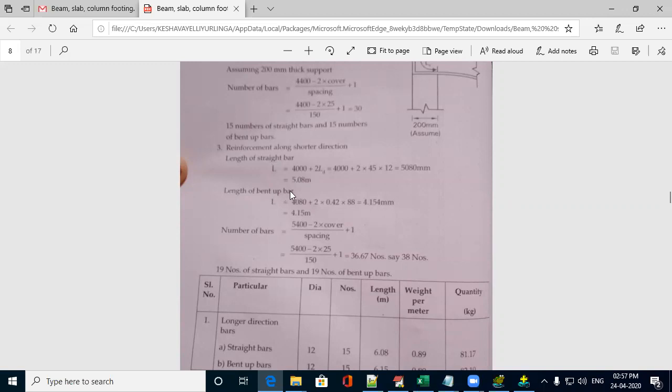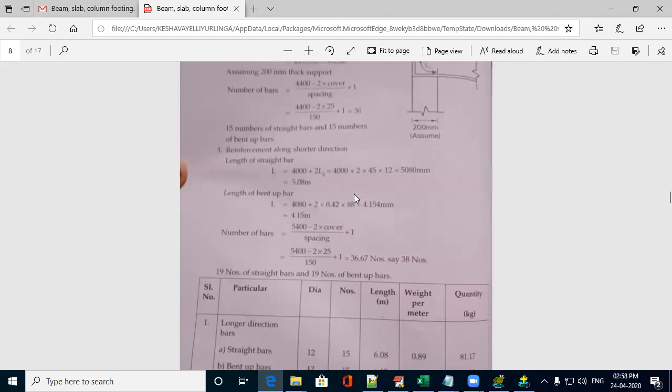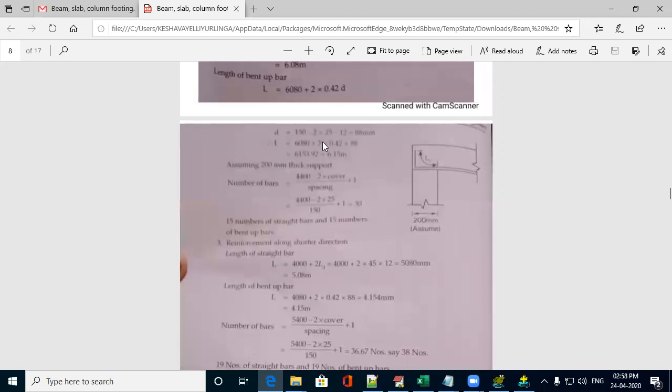While calculating the length of bent up bar, the same thing should be taken here. That is 5080 plus 2 times 0.42 times D. D calculation we have already done, that we have got 88. The same thing we have taken here. So this comes to 5.15. Instead of 4, you have to replace this with 5. So this will be 5.15 meter. Kindly make the change.